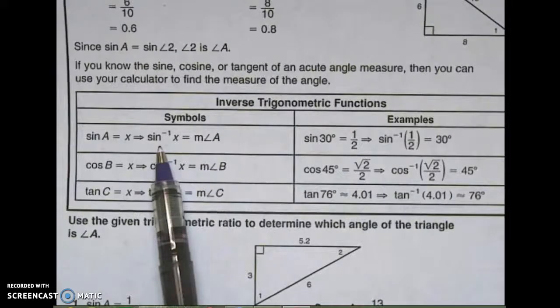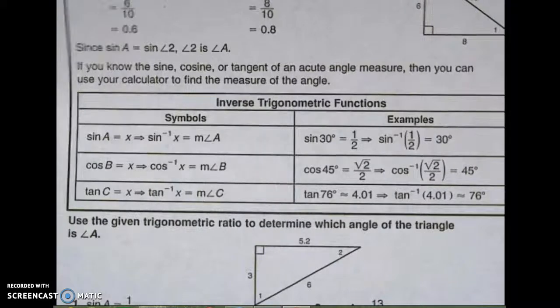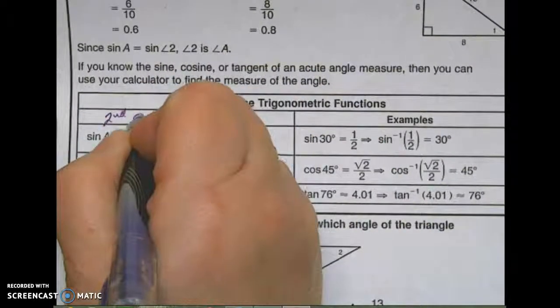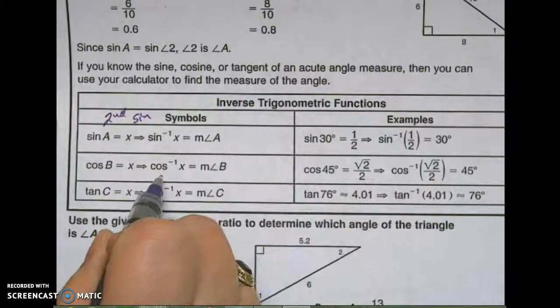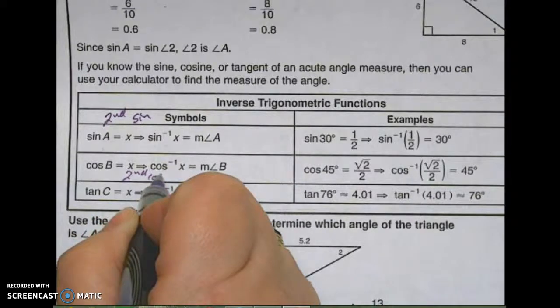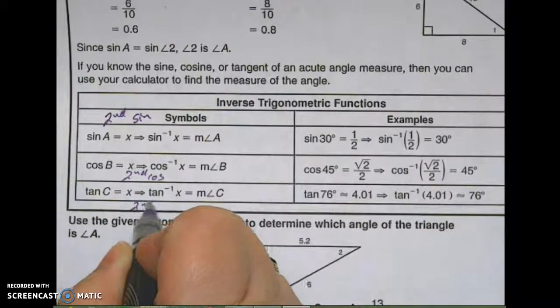I use that inverse button by going to second, sine. So I hit my second button, then my sine, or my second button, then my cosine, or my second button, and then my tangent.